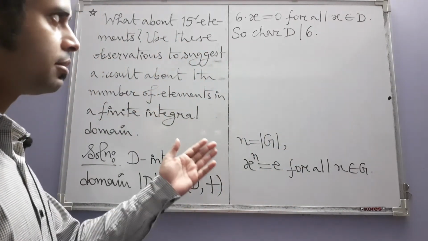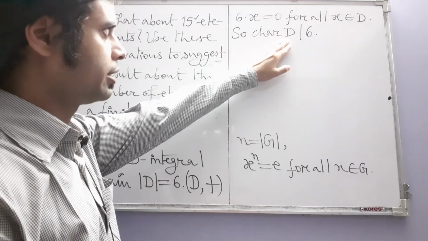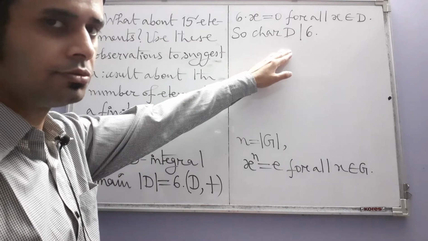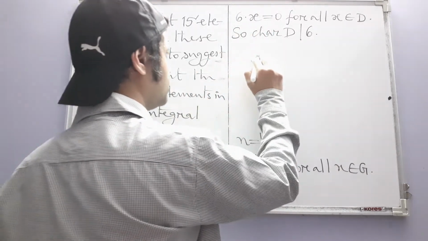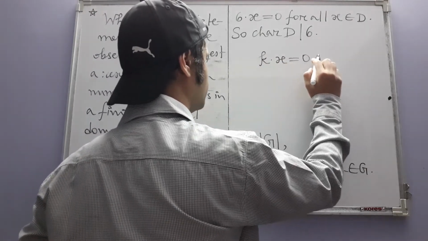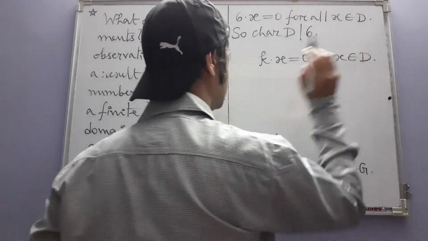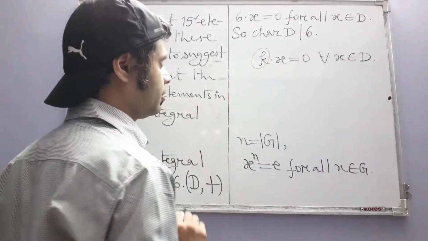You can easily prove this by using the fact that the characteristic of D is the smallest positive integer k, when it exists, such that k dot x is equal to 0 for all x belonging to D. And you use the smallest nature of k also.